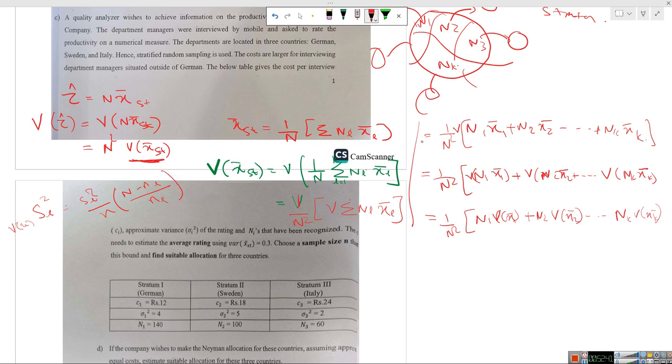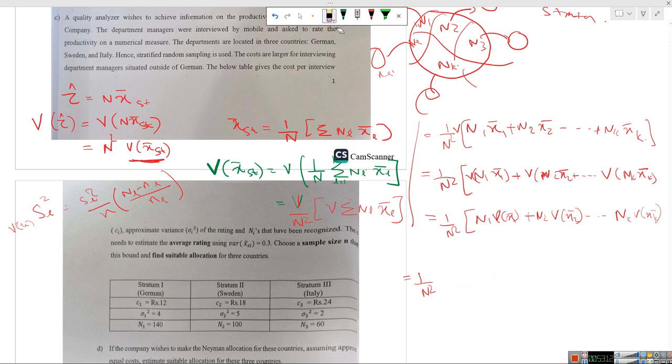If I consider the ith stratum, the sample size is ni and the population size is Ni. So now this can be written as 1 divided by n squared, summation of Ni.